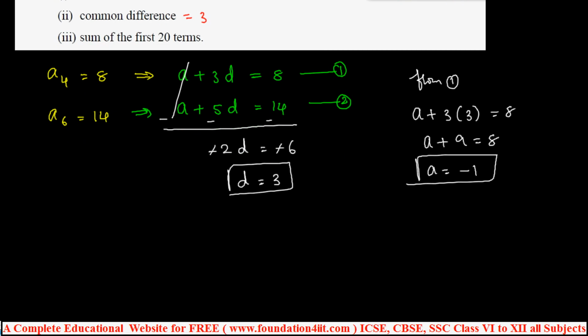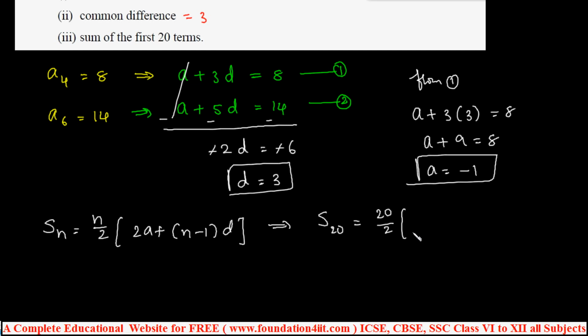Sum of the first 20 terms. So Sn, the formula: n by 2 into 2a plus n minus 1 into d, right? So using this, S20, the sum of the first 20 terms: 20 by 2 into 2a, a is minus 1, plus n minus 1, n is 20, 20 minus 1 is 19, into d is 3.